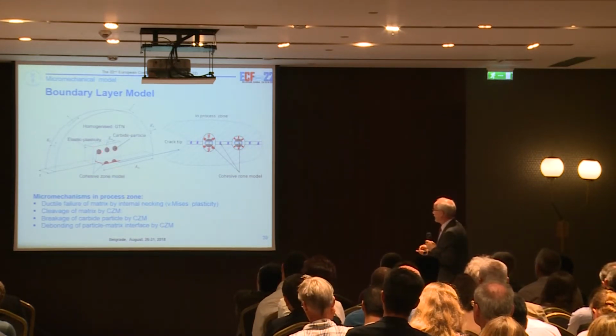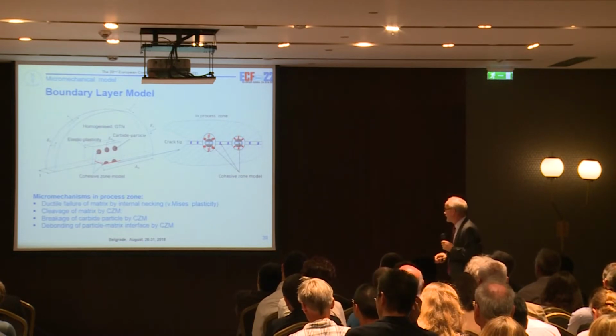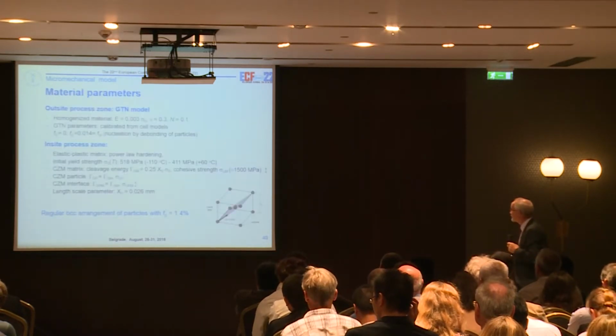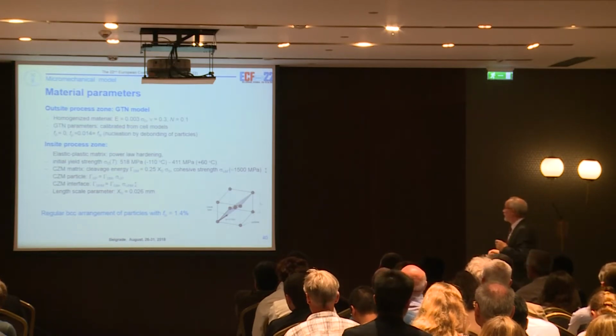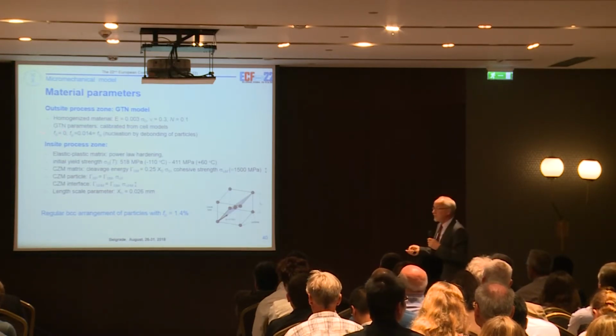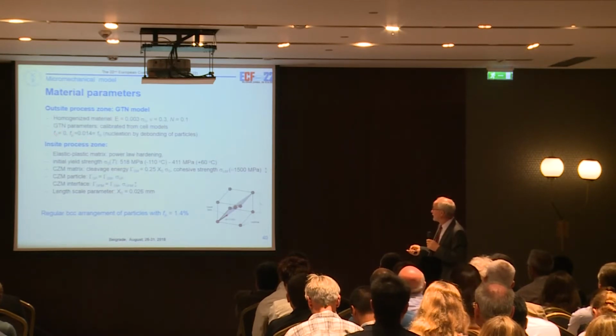And here is the ductile behavior of the matrix, so we have all effects in. These are the parameters. We have no initial porosity. The porosity develops by the debonding of the carbides.